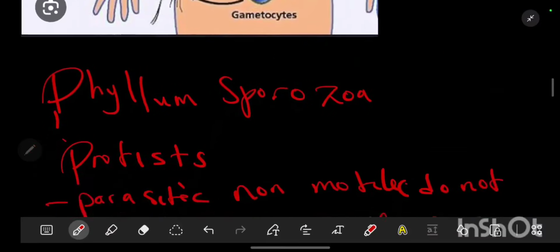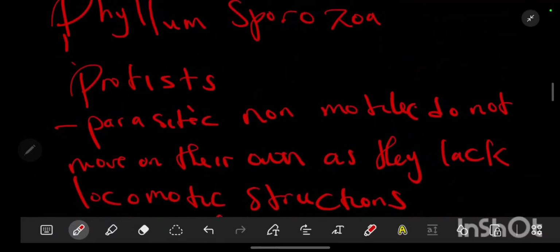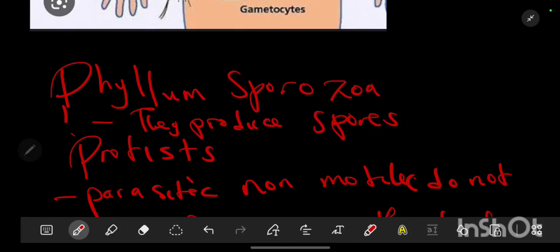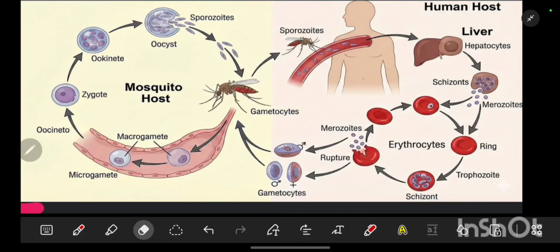We have also talked about how they produce spores. So this diagram shall help us explain everything. Pay attention to the terms that I'm going to be using. Some terms I'm going to be ignoring, and I'm just going to be using the terms that are important for your exam.